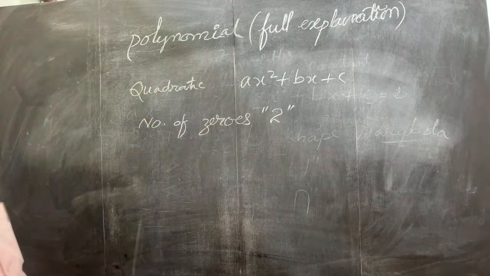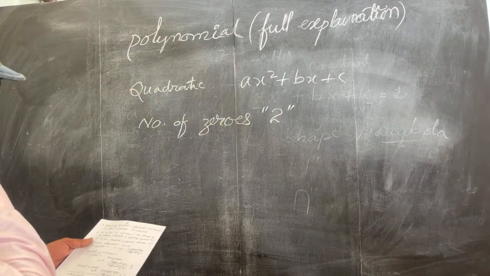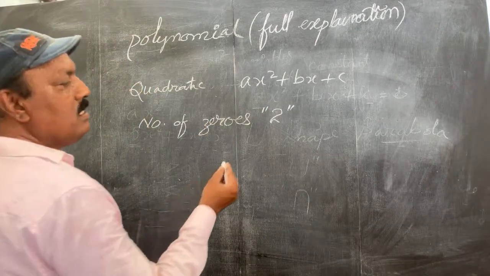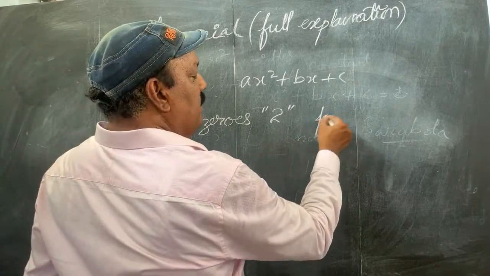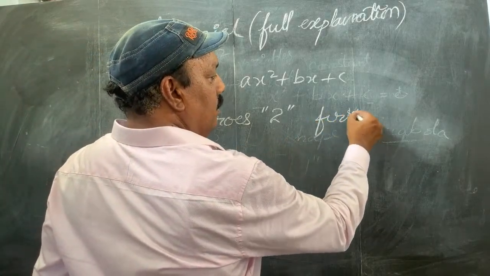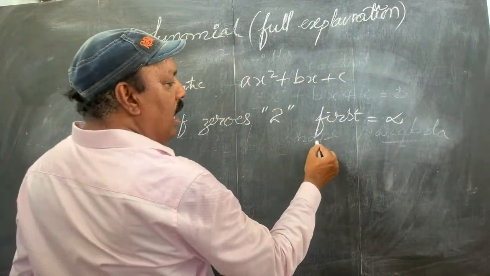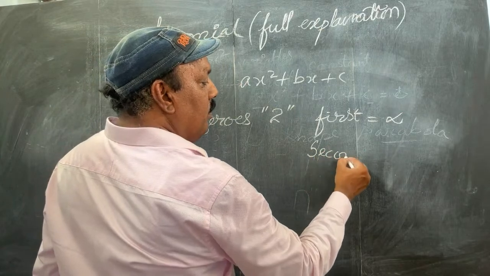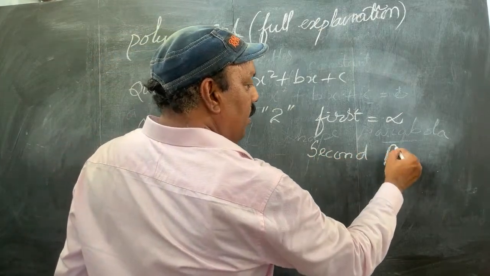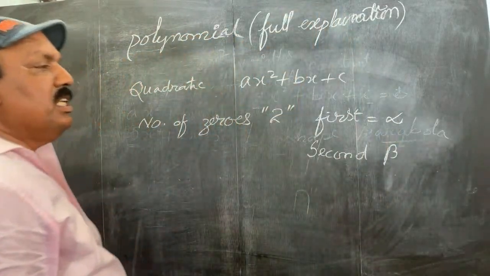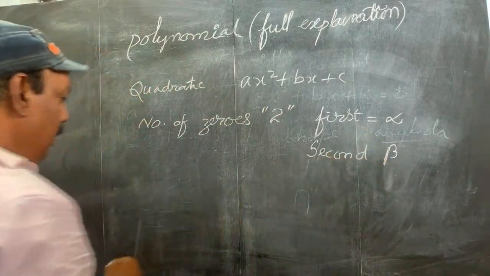The first zero of the polynomial is called alpha, and the second zero is called beta.